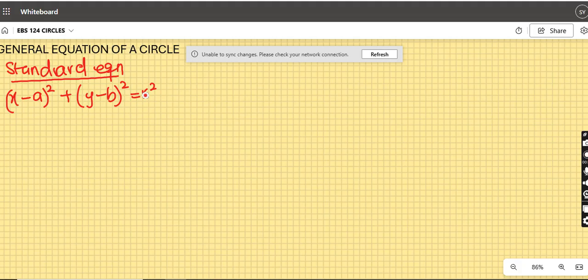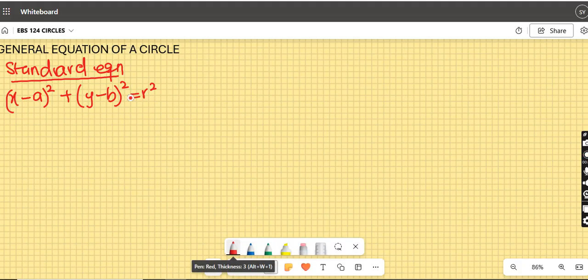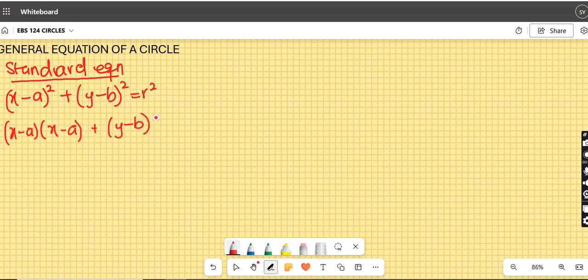What we are going to do here is expansion. So this is actually going to be (x − a)(x − a) + (y − b)(y − b) = r².